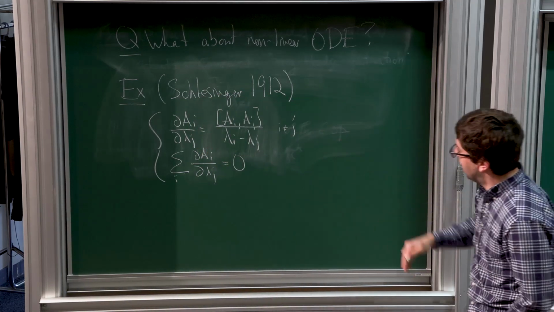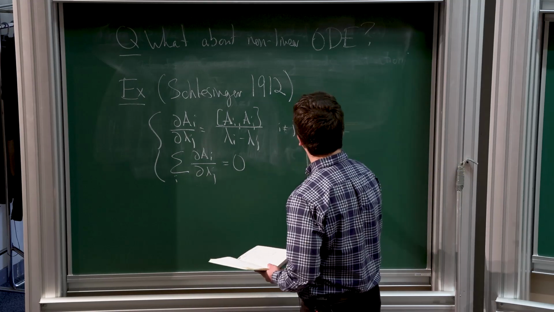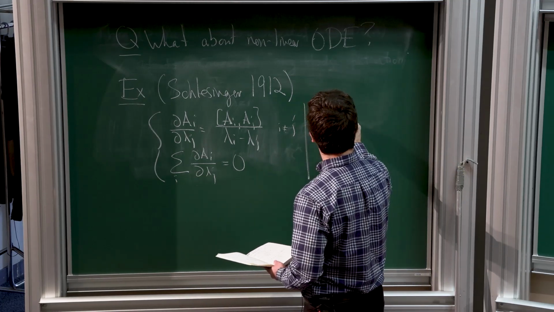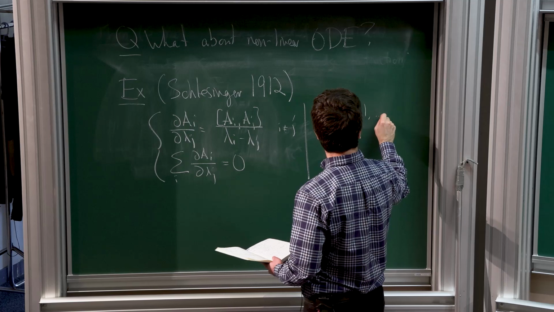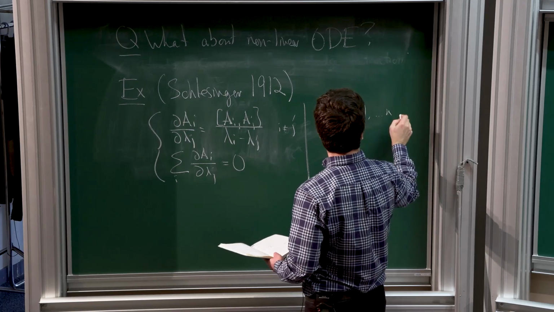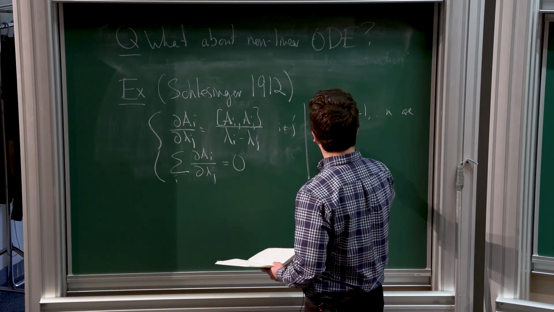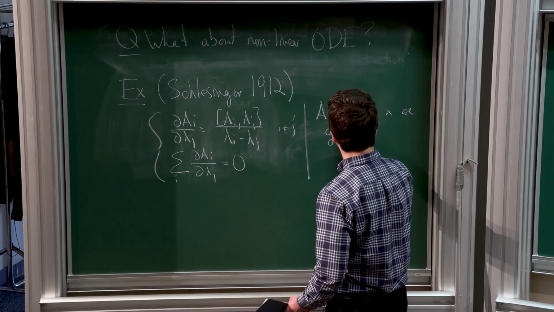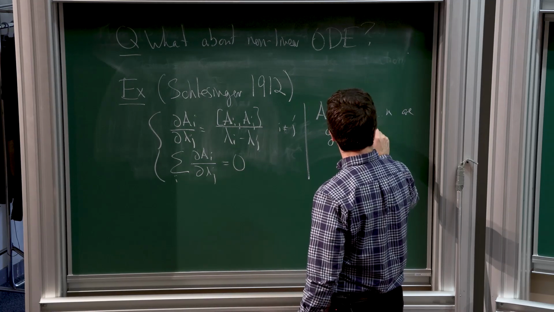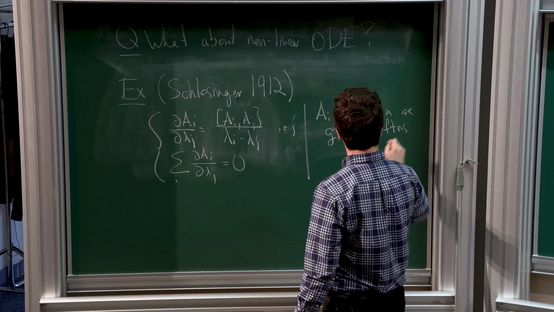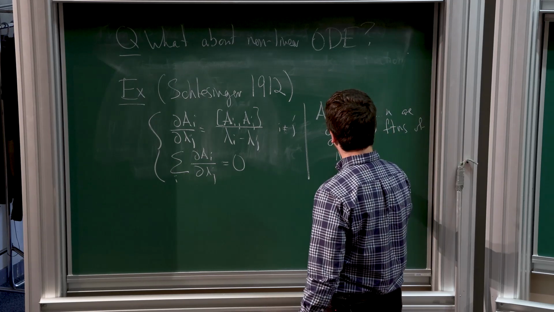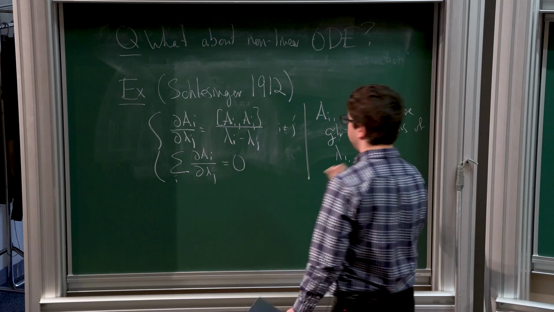Okay, and here, what are these A_i? So here, A_i from i equals 1 to n are matrix valued functions, so GL_r valued functions of λ_1 through λ_n.